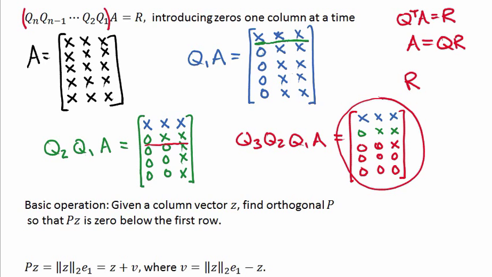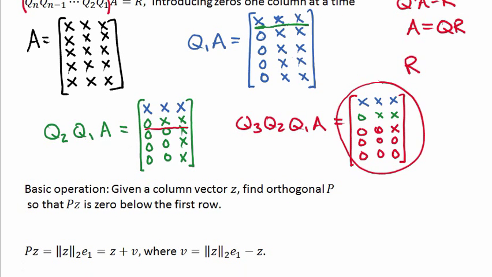Okay. So all that boils down to saying that we really want one basic operation, which is to say, in each stage when we multiplied by one of these Q_j matrices, we took one column of numbers and we turned it into a non-zero followed by a bunch of zeros. So call that target column z. So in the case of Q3, this was the target column here.